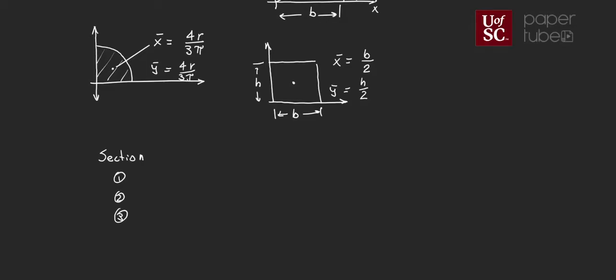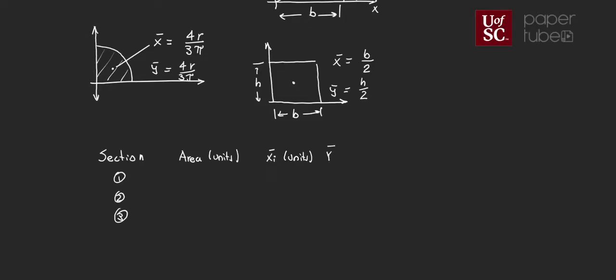Then we're going to have my area, and you can put some units to that value of the area. I'm going to have my x bar for my area, so that's for my particular section 1, 2, or 3, with some units, depending on the problem.